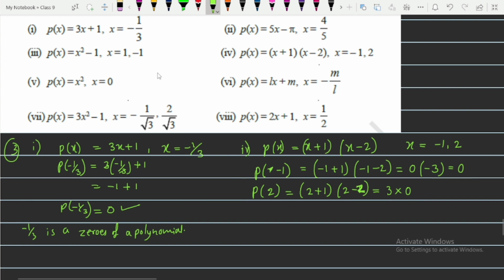Both values are coming 0, so therefore you can say that minus 1 comma 2 are zeros of the polynomial, okay? In this way you can verify whether the given values are zeros or not. Yes, I hope you can do the remaining sums.